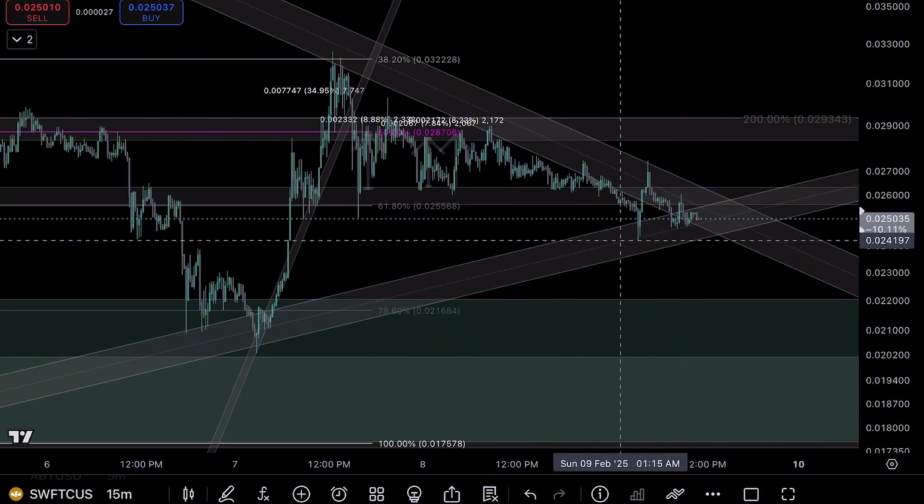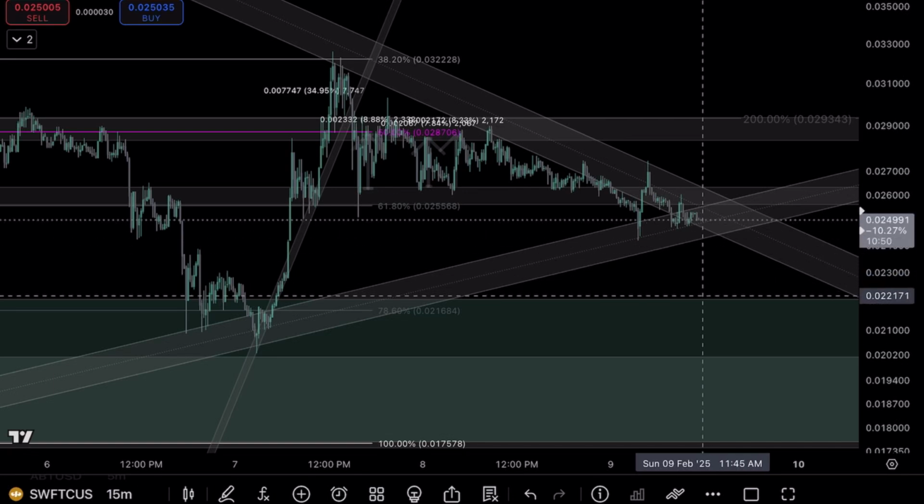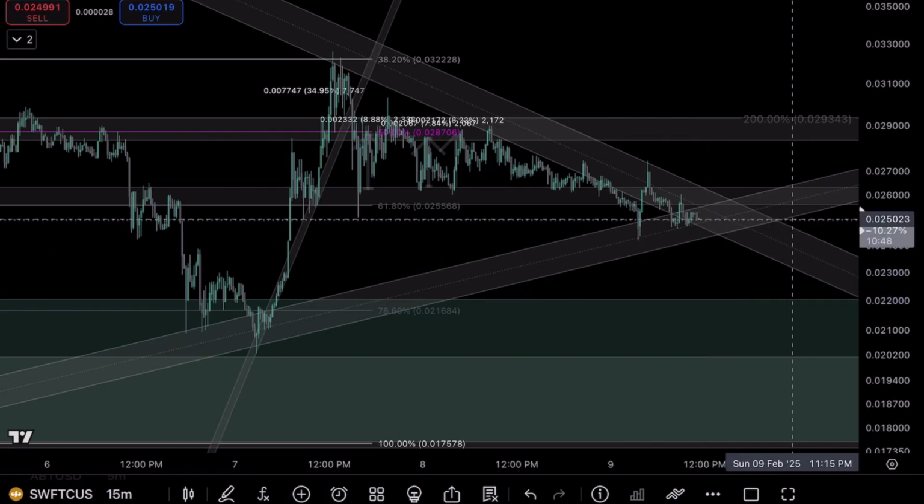So I didn't really do anything over the weekend, Saturday and Sunday, as far as trading. I'm just letting it do its thing, to see which way it's going to break out. Is it going to come back down to here, or is it going to come up?